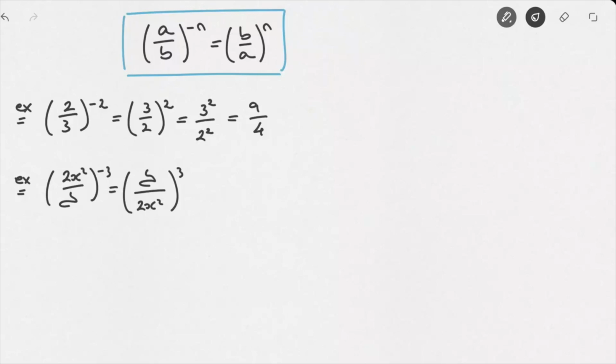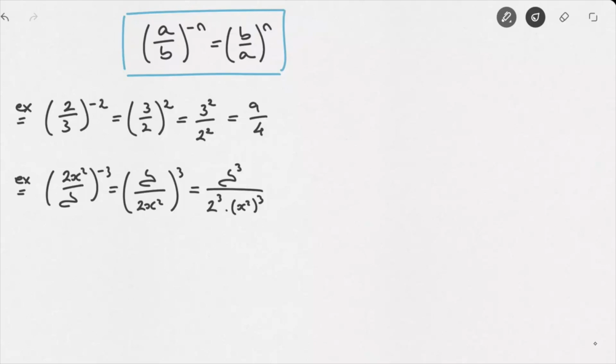And now we can use the laws of exponents we've already seen, leading us to y to the power of 3 over 2 to the power of 3 times x squared raised to the power of 3. Remember, the exponent outside the parentheses will distribute onto each of the terms inside.